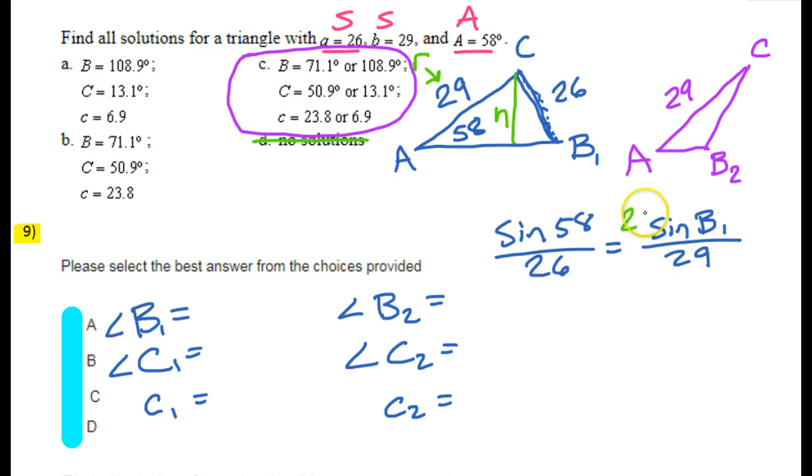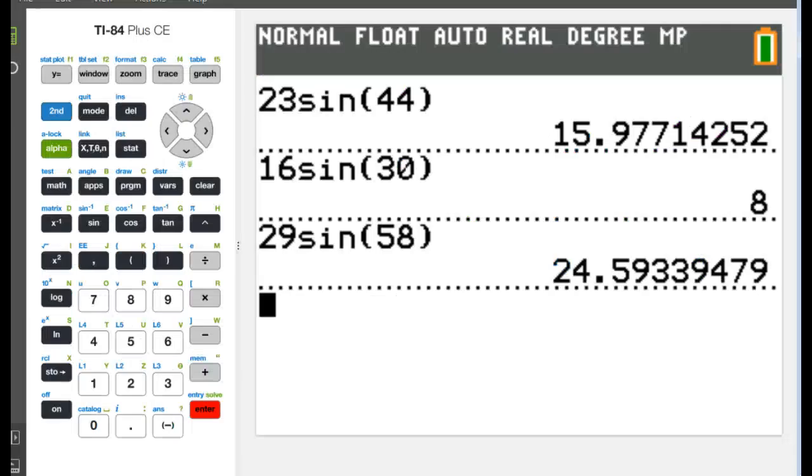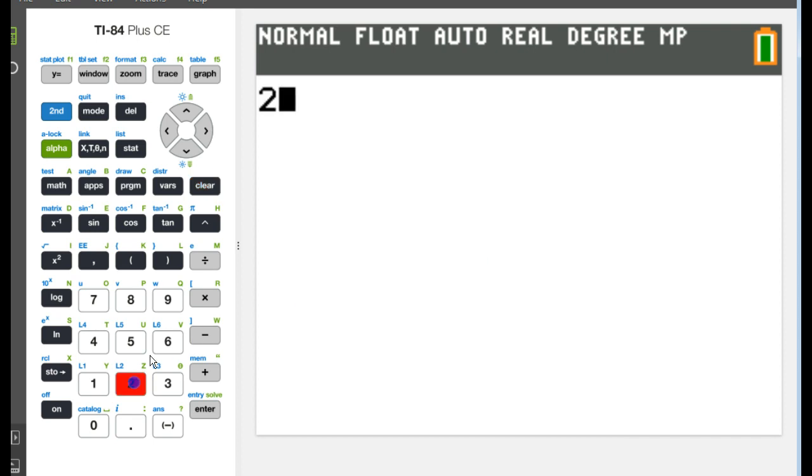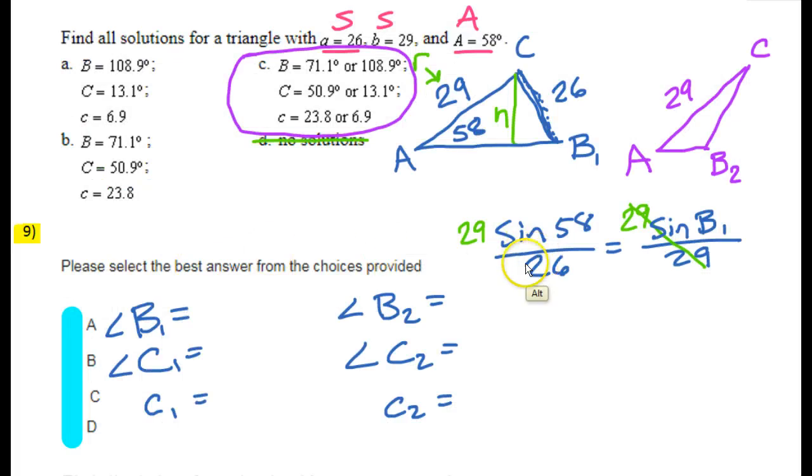So next I would multiply both sides by 29. That's going to cancel out these 29s, so that's going to get sine of B1 by itself. Let's go ahead and put all of this in the calculator right now. 29 sine 58, close your parentheses, divided by 26.